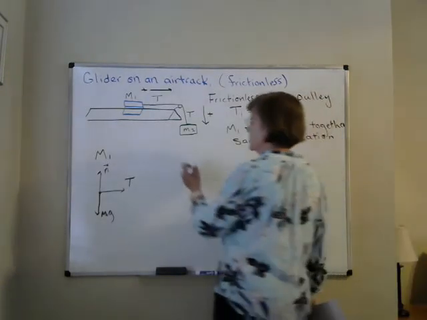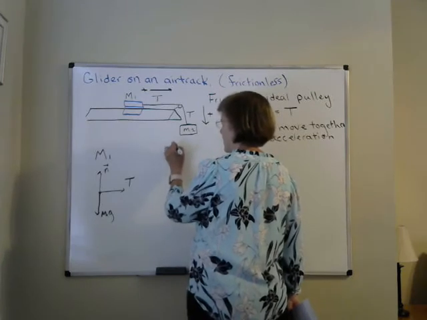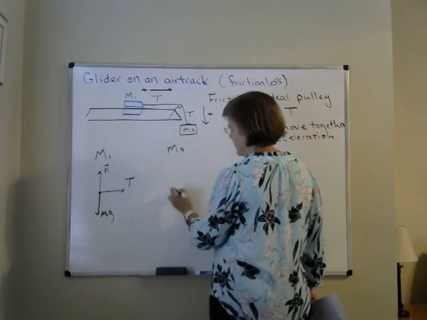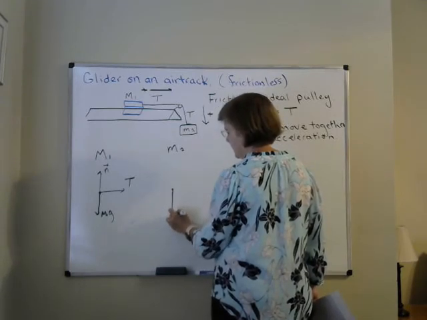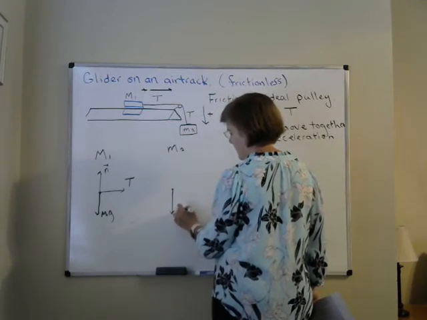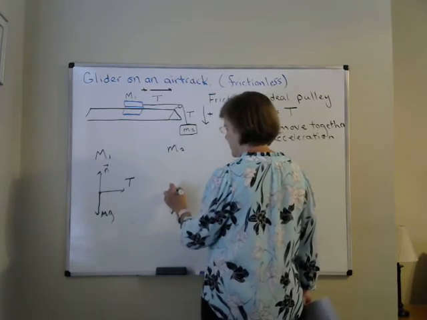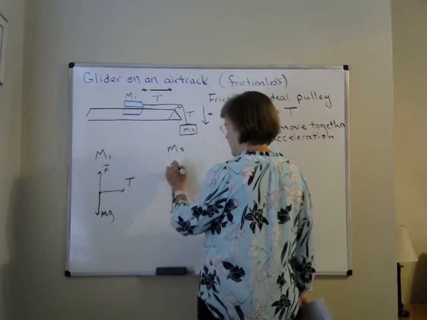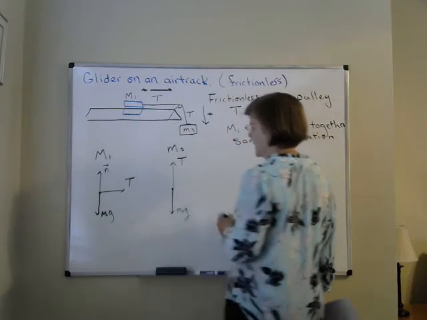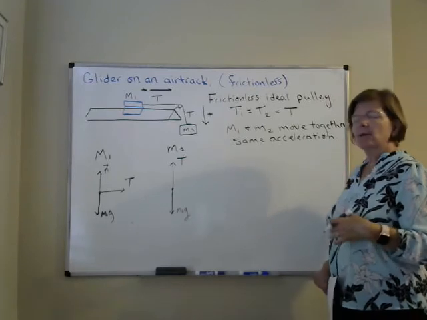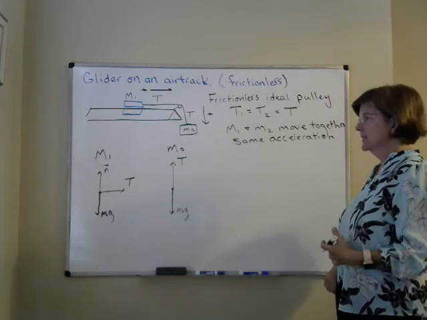For mass 2, here's mass 2. It too has its weight going down. That's mass 2 times G. And it has tension going up. All right, we can write an equation for both of these.